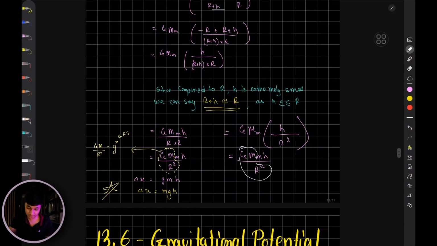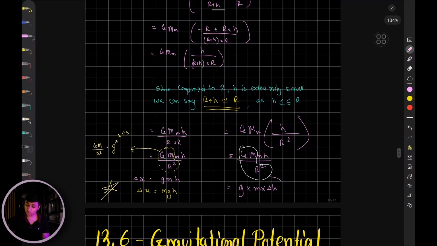So take that away, and you're going to be left with g times m times h. The g, not the gravitational constant, I mean gravitational field strength, times the mass of the object times the change in height. So this is actually going to give you the change in gravitational potential energy.